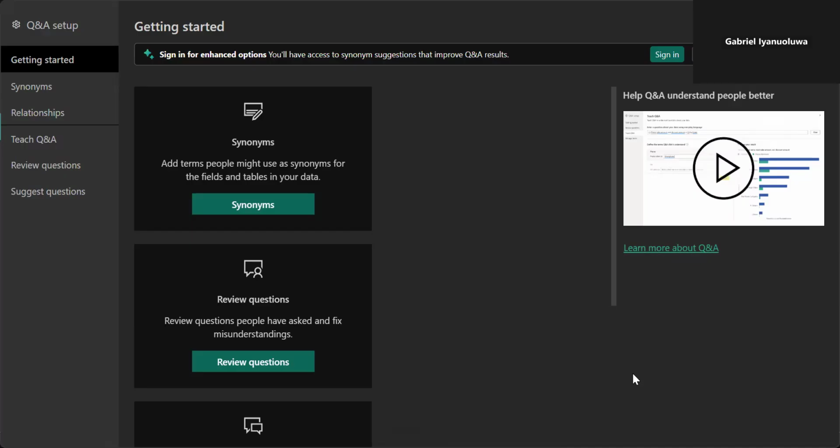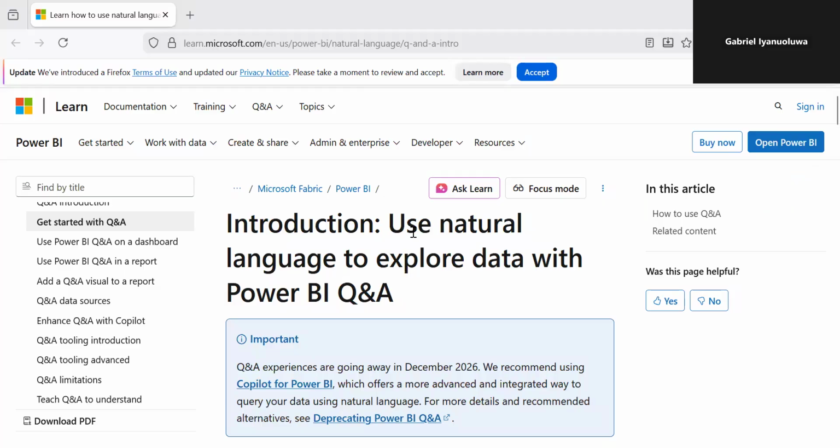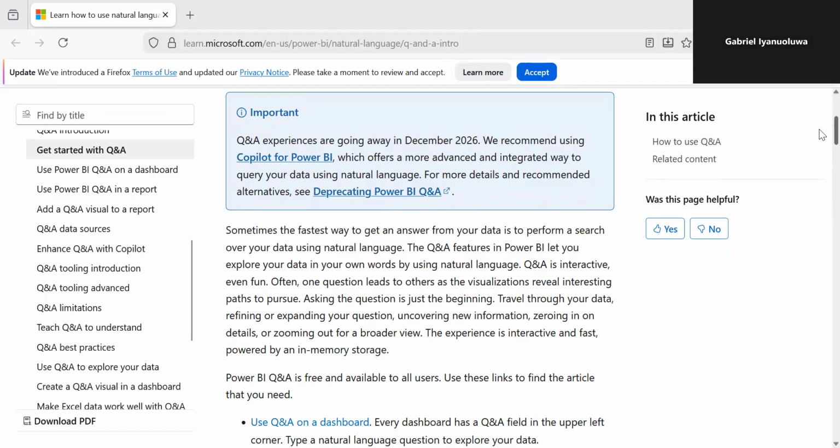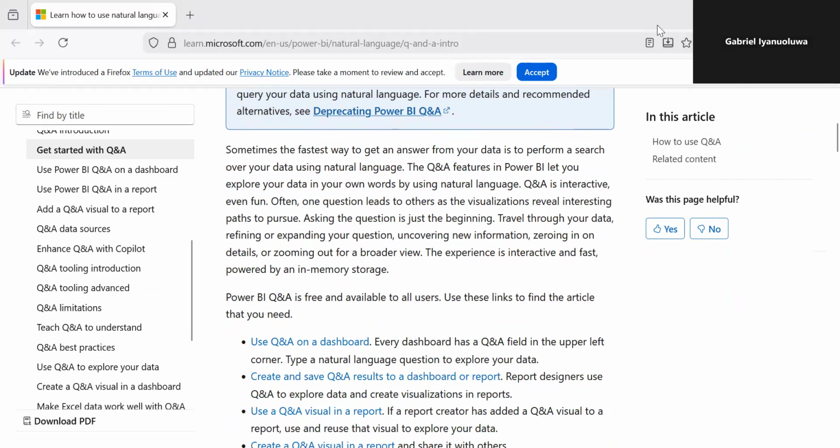By the time you click on it, it will take you to the general interface. Because the subject is very wide, I see an introduction to using natural language to explore with Power BI questions. We can click on this side and it will help you to understand better what we are working with.